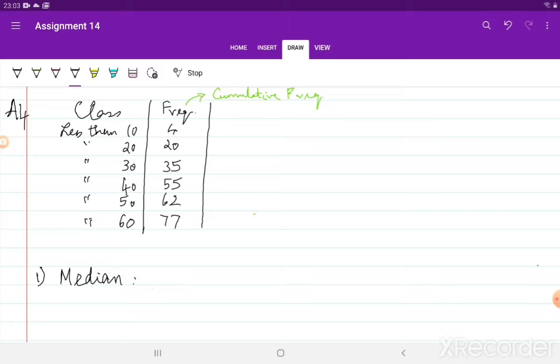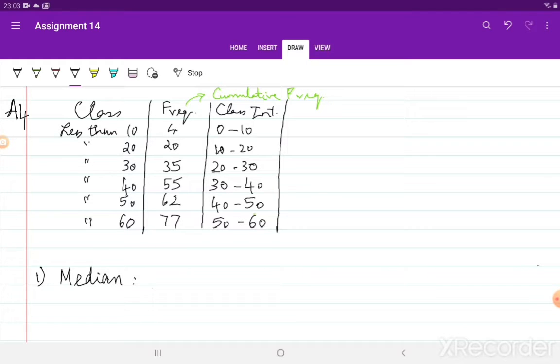So it is reasonable to assume that your first class interval is 0 to 10, next is 10 to 20, 20 to 30, 30 to 40, 40 to 50, and finally 50 to 60. So this is your class interval. I'm writing it INT for short.